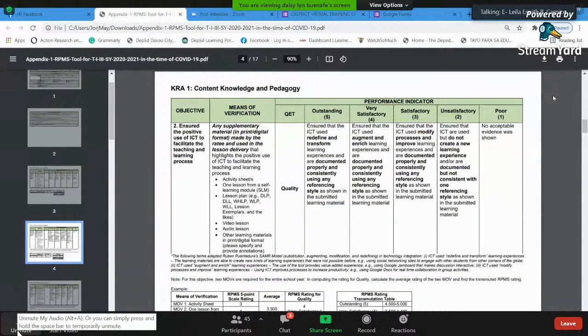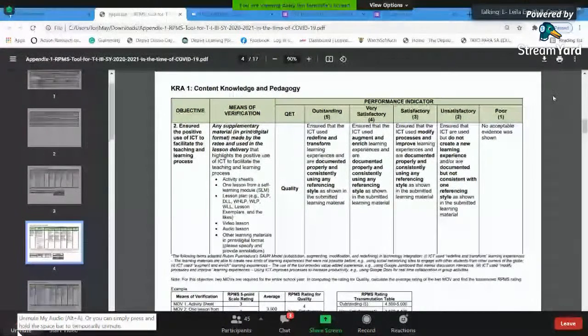Impossible nga wala kay ipakita, kay magpili lang ka diri sa activity sheet, one lesson from a self-learning module. So, kung ako sa inyo, mangita mo og module, kay printed module man ta, modular modality man ta, ngita mo og module nga dito na ang activities nga nag-suggest of ICT utilization.